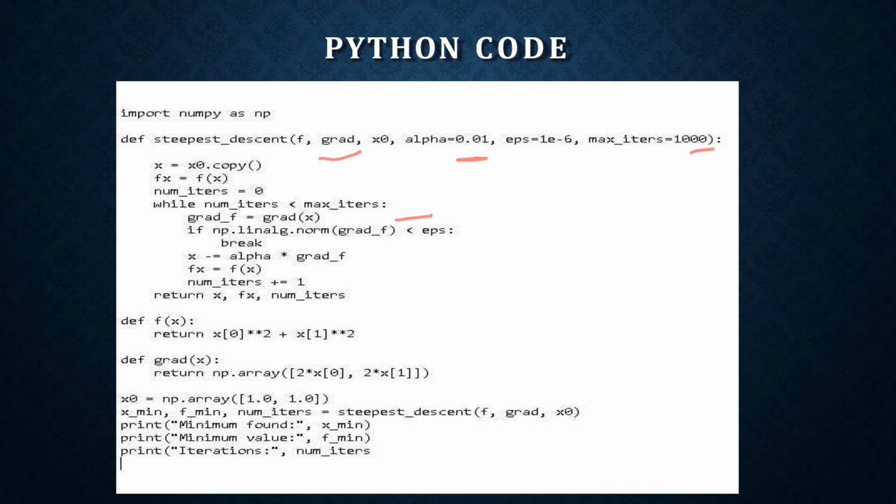We update x equal to x minus alpha into the gradient of x, and the number of iterations will be updated. Here f of x is the objective function, and we find the values with the steepest descent method.